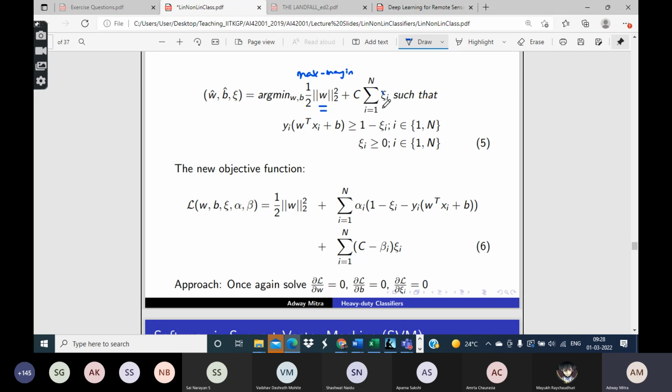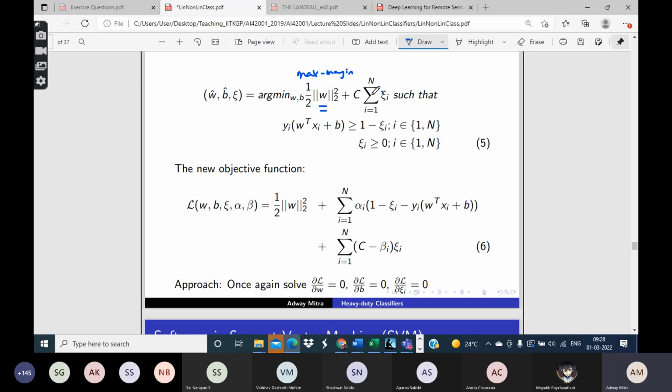Minimizing the sum of the xi's is a proxy for trying to reduce the outlier points. It's not exactly the same. There can be situations where there might be several outliers for which I need small xi's, or there might be only one outlier for which I need a large xi.